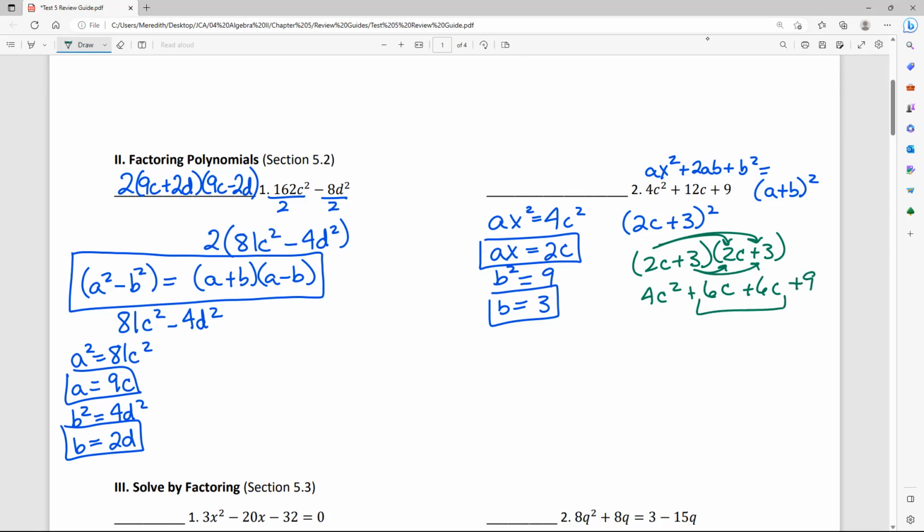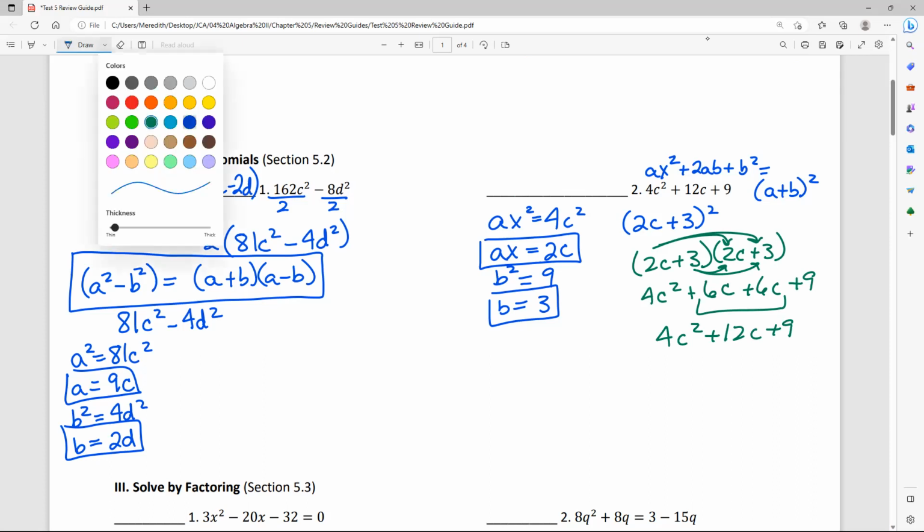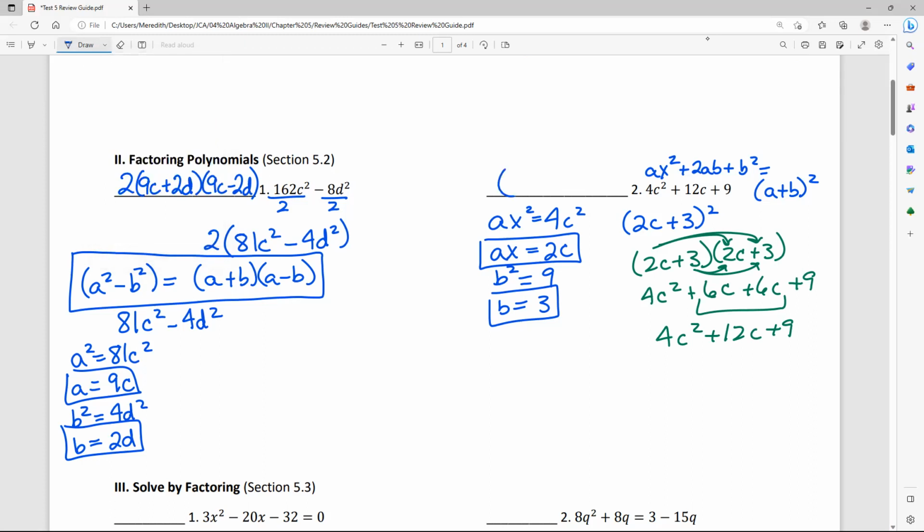I combine these two, and I end up with 4c squared plus 12c plus 9, which does equal my original problem, and therefore we're correct. So our solution is 2c plus 3 squared.